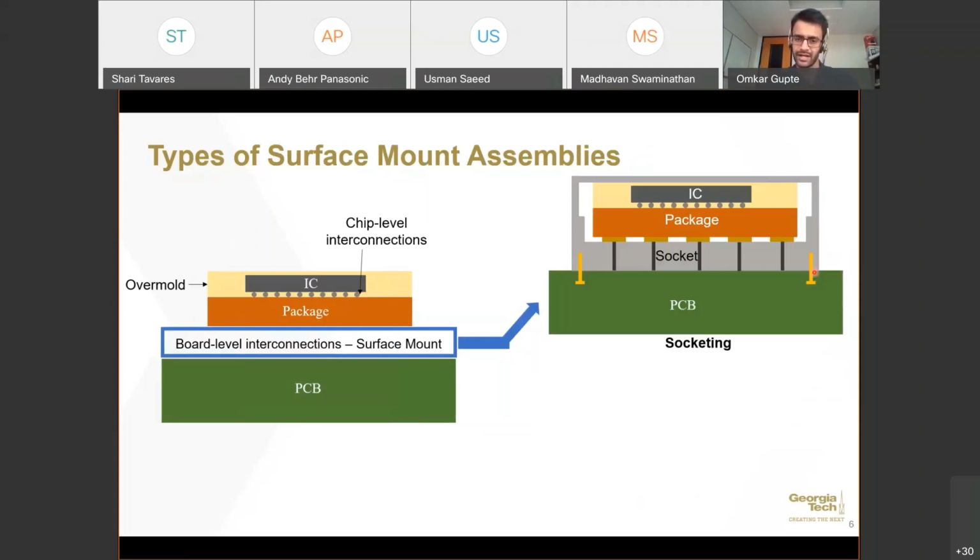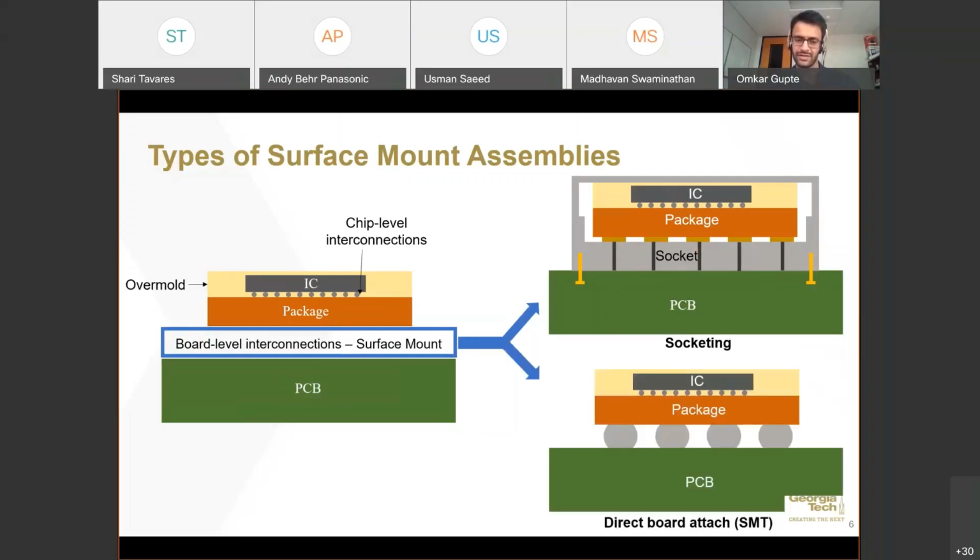It can either be a mechanical contact or can be attached using a solder, and the packaged IC is then placed into the socket and clamped, forming a mechanical contact with the socket itself. So the signal transfer happens from the IC to the package through the socket and into the printed circuit board.